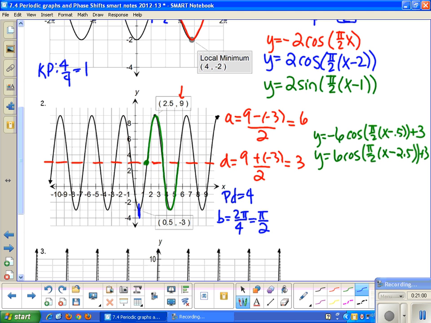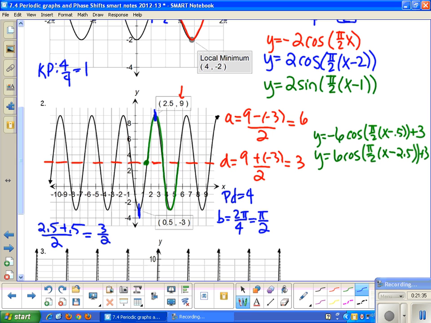I know the x value distance here and I know this x value distance there. So in order to find the distance for a sine graph, we'll notice that sine is always going to be the average, or in the middle, of your maximum and minimum values for x. So if we take our x values, 2.5 and 0.5, add them and divide by 2, because we're taking an average, that would give me 3 over 2.